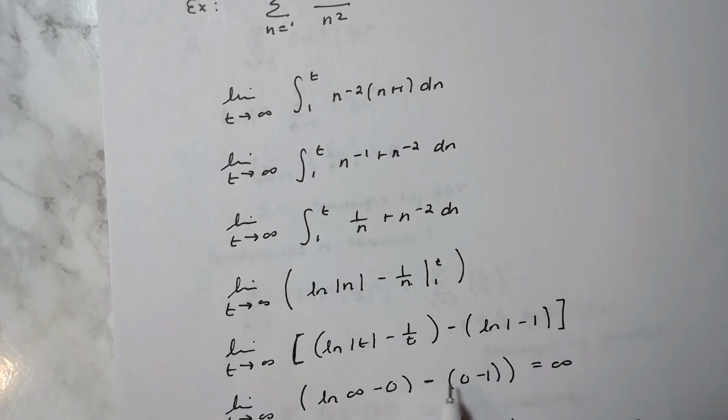So it doesn't matter that we have a plus 1 because we have infinity, right? So when we take the limit of this thing, we end up with infinity, okay? And what that means is that the limit of this integral diverges, and so what we know is that the original series is also going to diverge by the integral test.